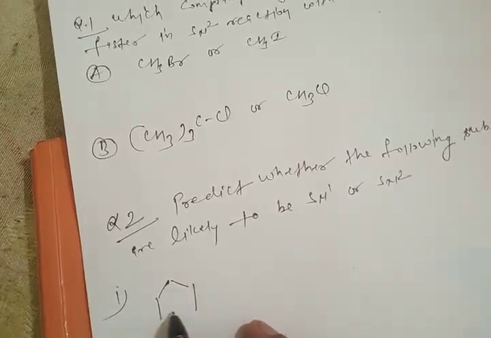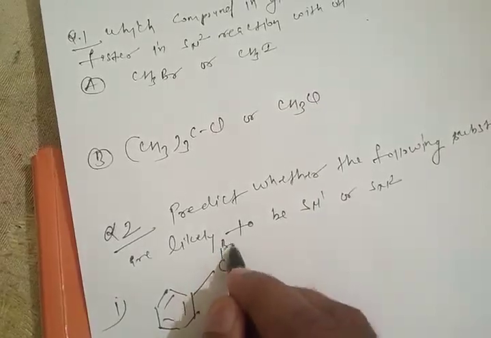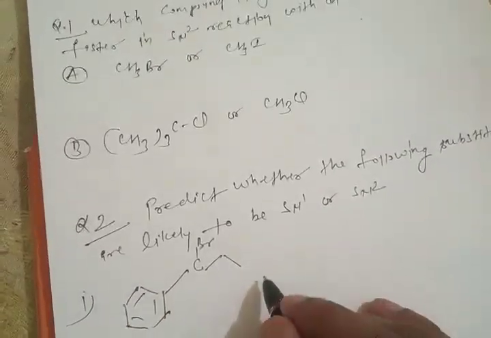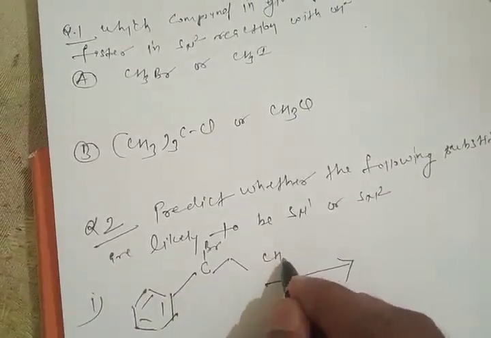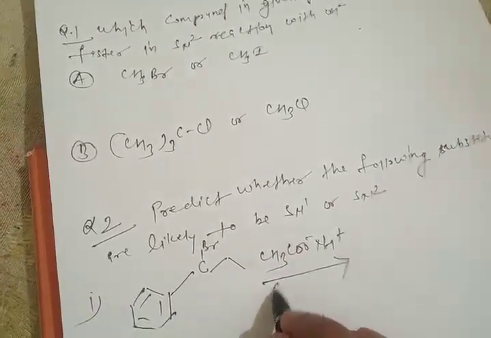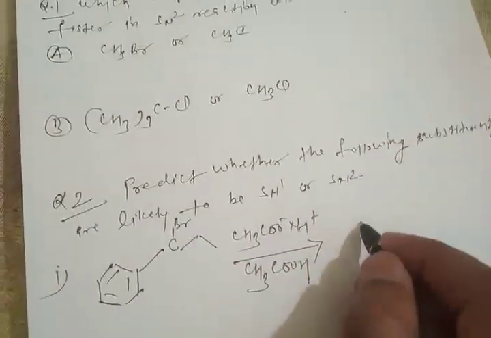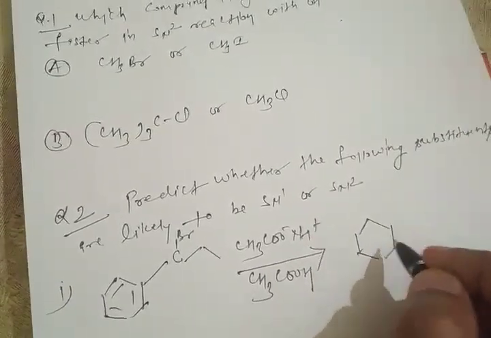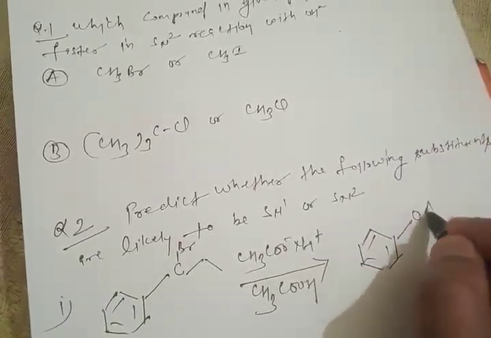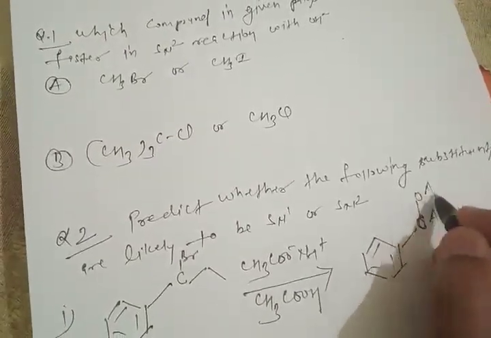This is given to you: carbon, bromine, and this is the substituent for you. And you have been given CH3COO negative, Na positive, and CH3COOH, and the product of this reaction is OAc. Okay, OAc, sorry, this is the carbon OAc.